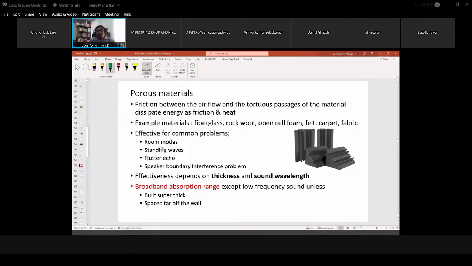And just like what I mentioned earlier, the absorption range is normally broadband in terms of frequency. Okay. However, they are not effective at low frequency range unless we make it super thick or we have some air gap from the material to the wall. Okay, so these are the two things that we need to do to increase the effectiveness of porous material against low frequency sound.